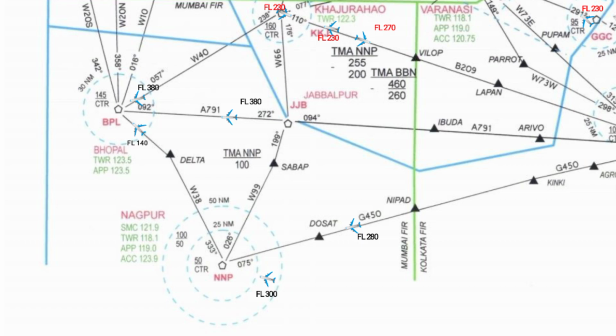And you see this vertical distance, flight level 300, I mean 30,000 feet. This approach airspace is up to 10,000. That means he is not within approach airspace. So he is inside the Nagpur control airspace. Nagpur control airspace is above 10,000, and he is flying at 30,000. So any maneuvering, if this aircraft wants to descend or climb or turn right, left, any maneuver, he has to take permission from Nagpur control.